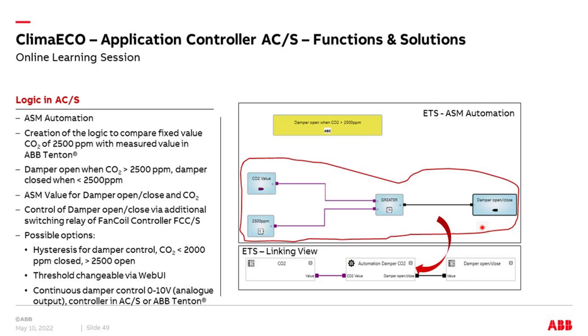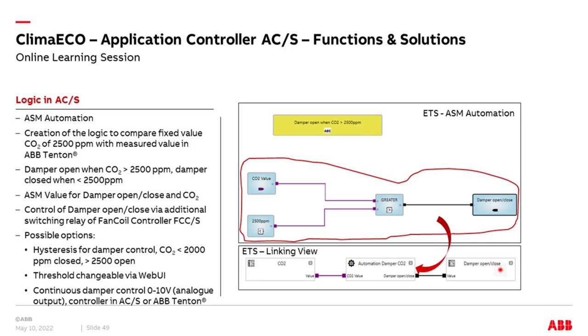It's a first step, a very simple solution, and you see later my CO2 measurement comes into the device. This automation block here consists of the real automation I have done here. So this is a logic which is part of this box later. And the output is then the real command to the relay of the fan coil controller.